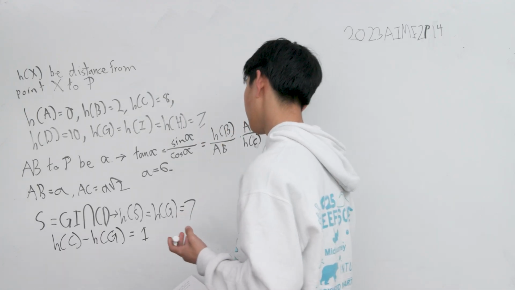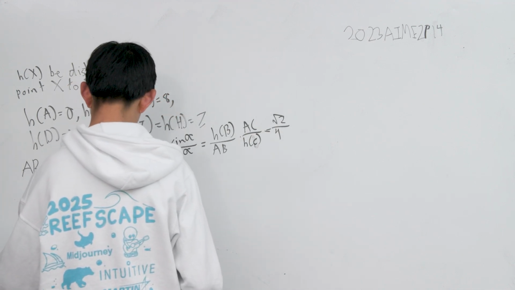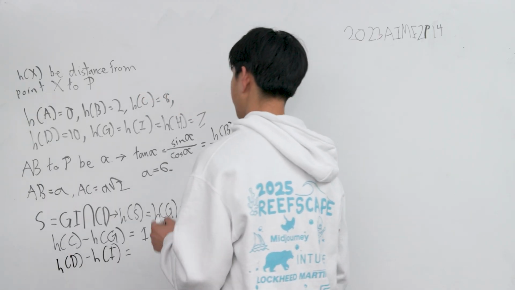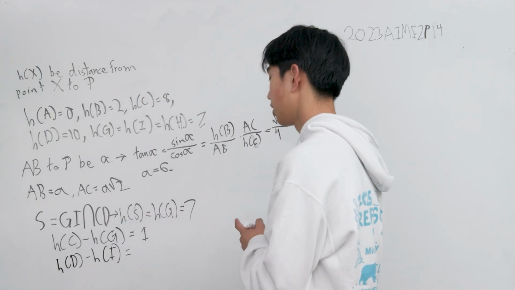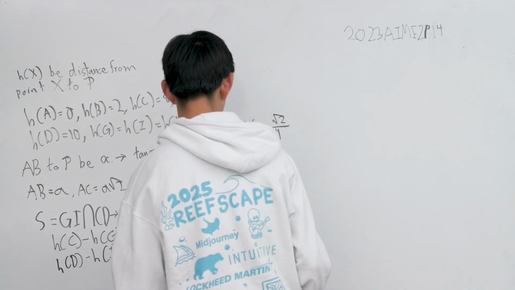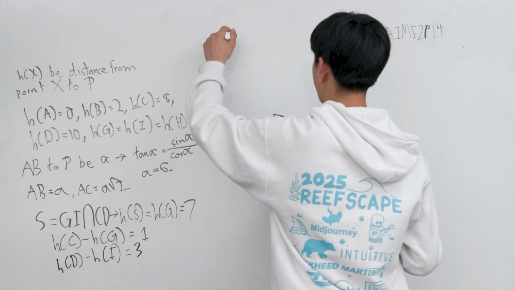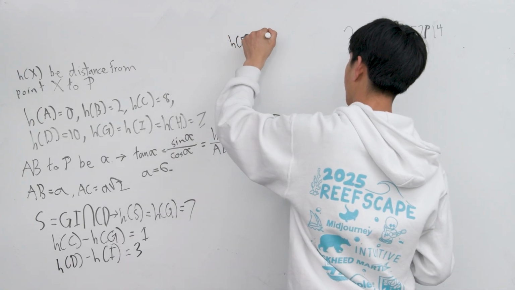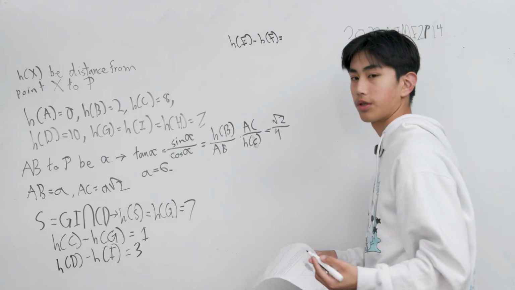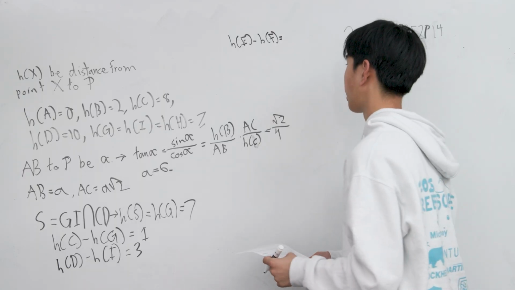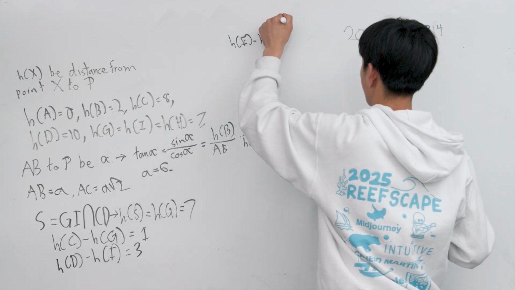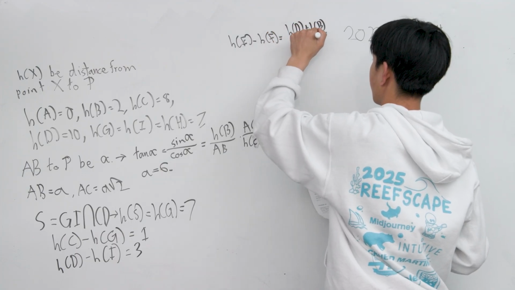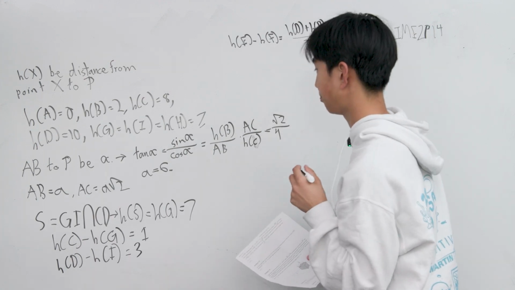And then we have h of D minus h of I. h of D is 10 and h of I is 7. That gives us 3. Then our third thing, h of E minus h of F, is a little more tricky, but from this problem we can deduce that this is h of D plus h of B over 2, which is 6.